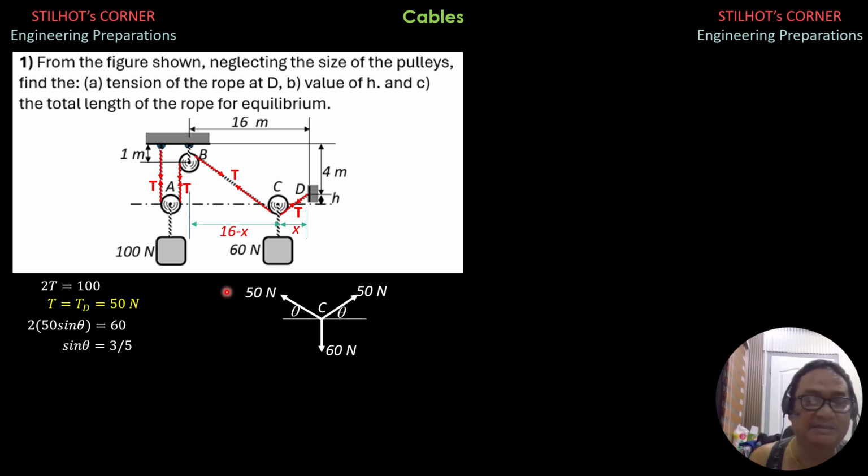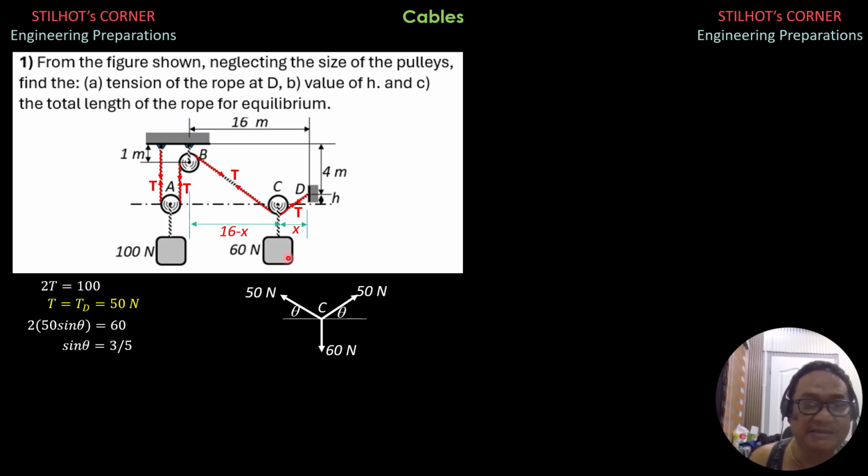So that means if sine theta is 3/5, that's opposite of theta, 3, over hypotenuse 5. So that means the adjacent side of theta is 4, from the 3, 4, 5 right triangle. So that means tangent of theta, which is equal to h over x, equals 3/4, opposite over adjacent.